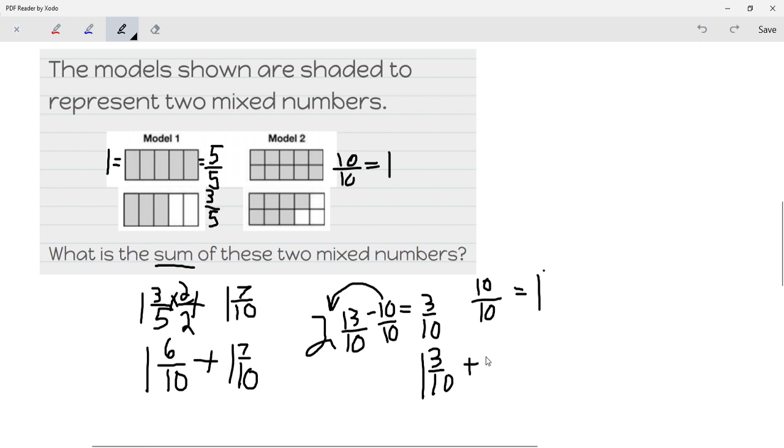And then plus 2, and that's going to give us 3 and 3 tenths. So that is how you convert models into fractions, and that is how you add mixed numbers together. And so the answer would be 3 and 3/10.